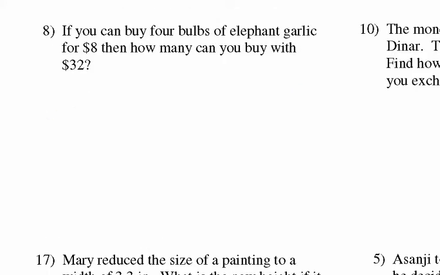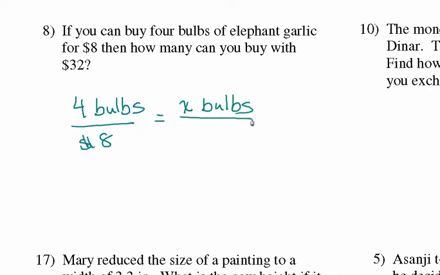In question 8, if you can buy 4 bulbs of elephant garlic for $8, then how many can you buy with $32? So if you can buy 4 bulbs for $8, how many bulbs can you buy for $32?